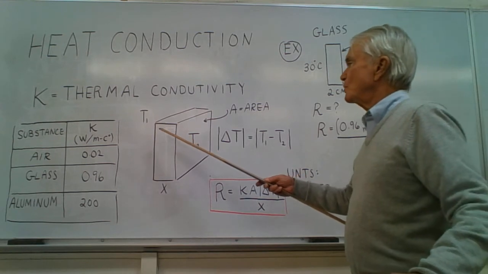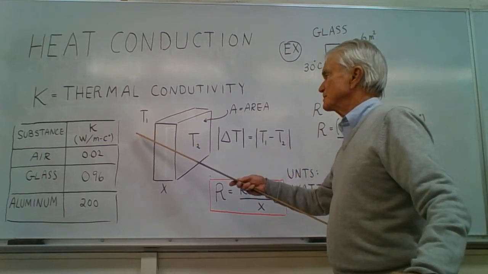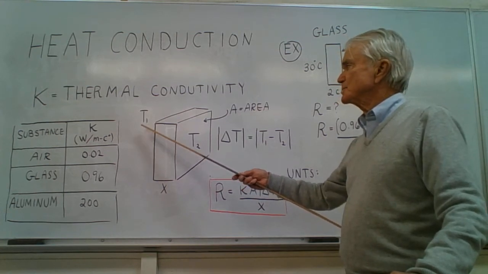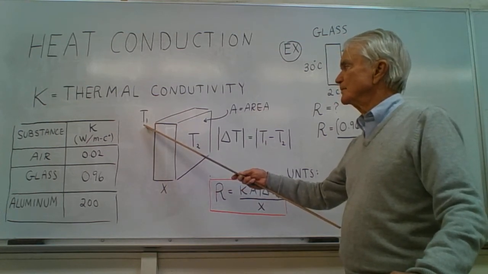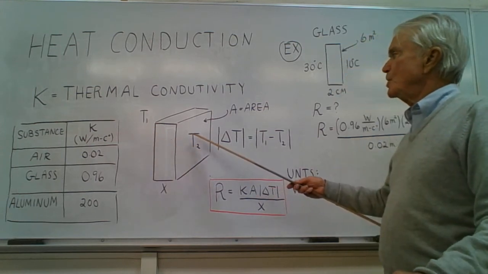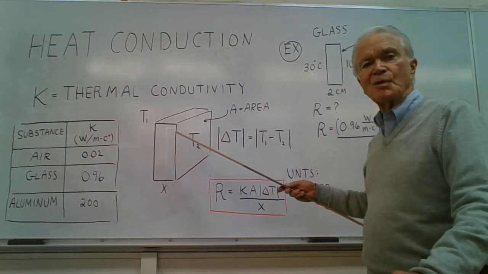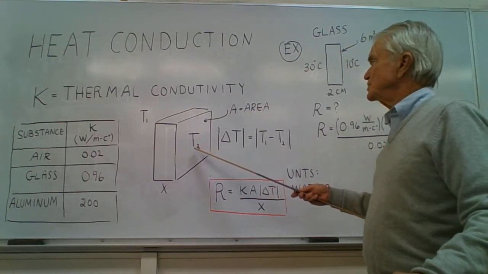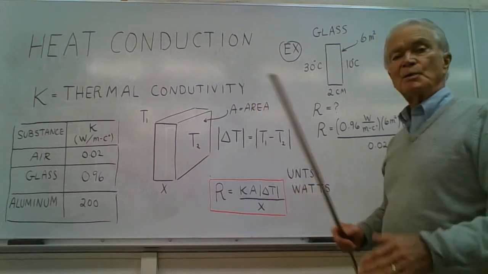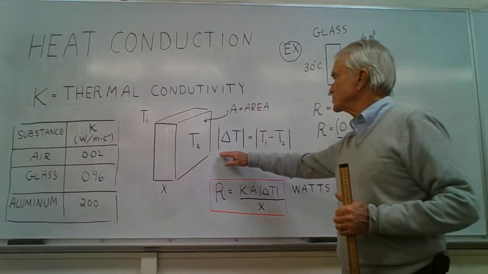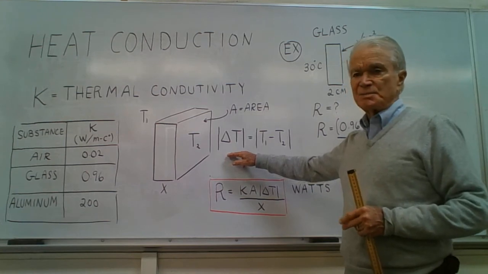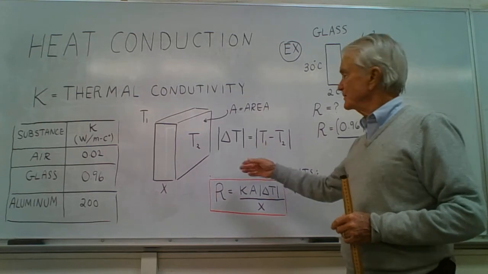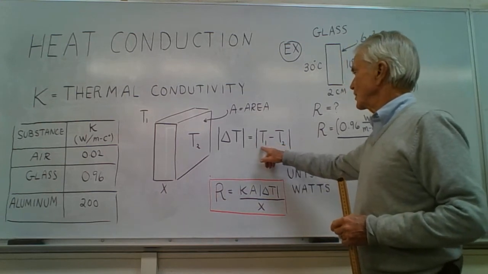On one side of the wall, maybe it's facing a bedroom, the air temperature is T1. On the other side of the wall, perhaps it's in contact with February morning air, cold air, the temperature is T2. Now, we will have use for the quantity shown here, which is the absolute value of the temperature difference shown here in long form.